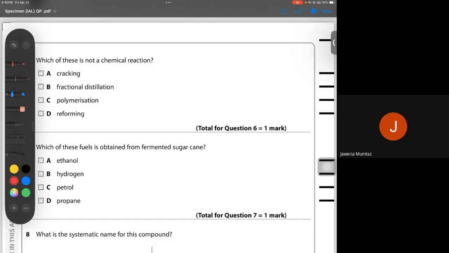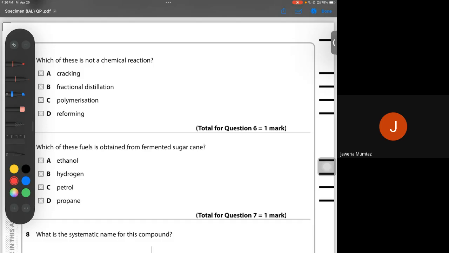Fractional distillation. If you remember, we had crude oil. We were separating the different components on the basis of their boiling points. It's not a chemical reaction. It's only separation.